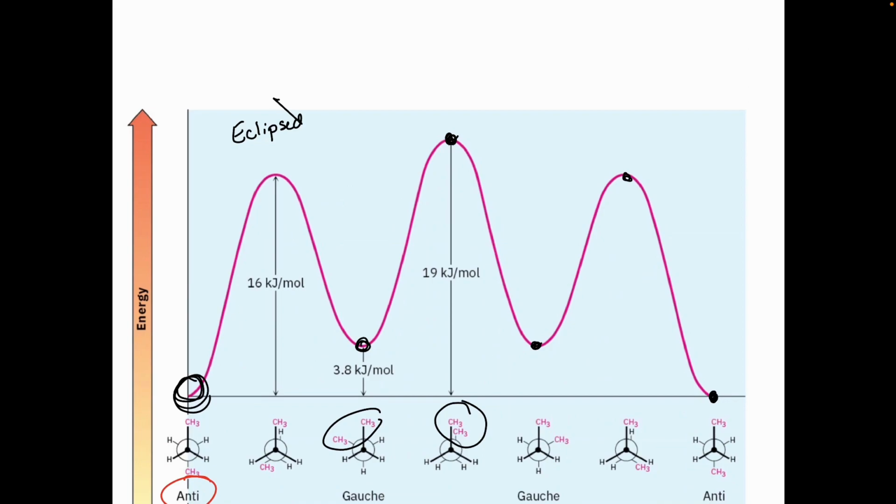But the energy of a particular conformation gives you a window in terms of how much time it spends in that particular state. So this is going to spend most of its time in that anti-conformation, where those two methyl groups are pointed on opposite sides of one another. It'll rotate, but it's not going to spend any time in this eclipsed structure here. It's going to quickly move out of that, right? And so that's how the energy of this molecule is going to change as this thing is rotating about that single bond.